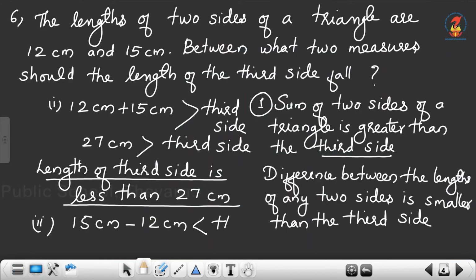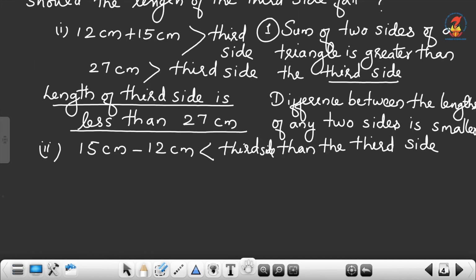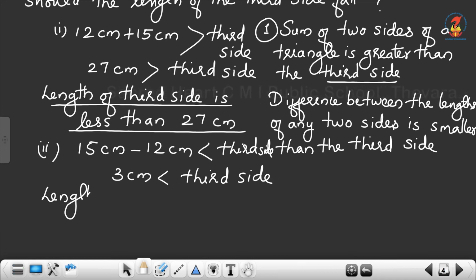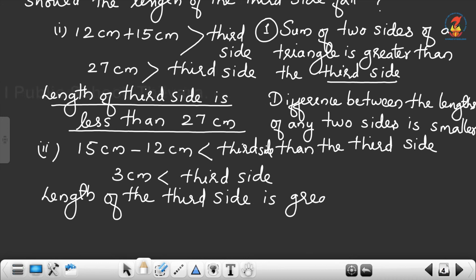That is 3 cm is less than the third side. So the meaning is that the length of the third side is greater than 3 cm.